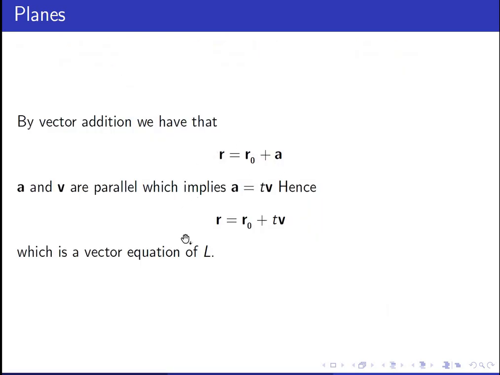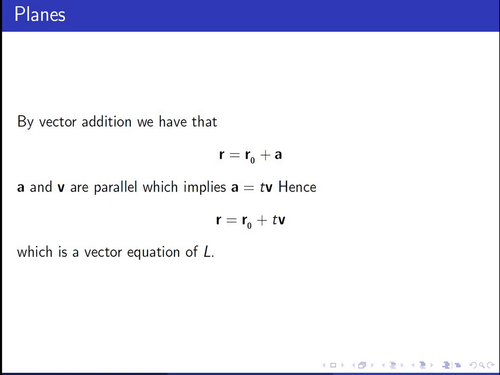a and v are parallel, which implies that a is some multiple of v, or v is some multiple of a, because the vectors are parallel.